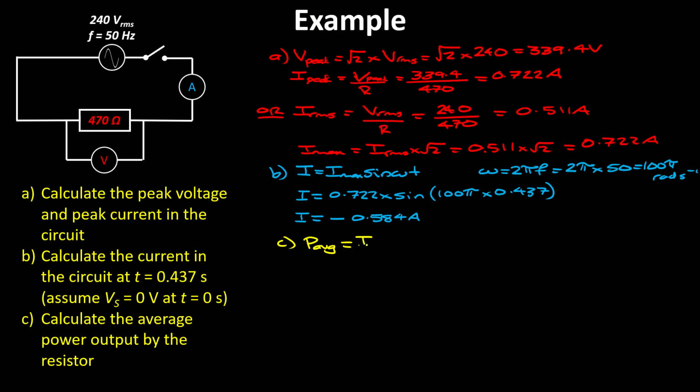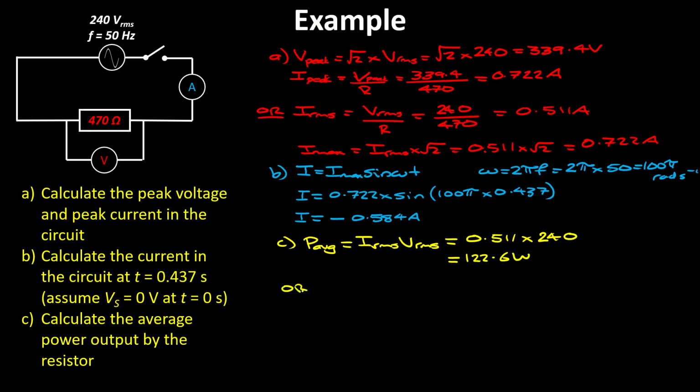The average power is the RMS current times the RMS voltage. We already have those numbers. The current was 0.511, and the voltage was in the question, 240. So the average power was 122.6 watts. Okay, that's one way of doing it.